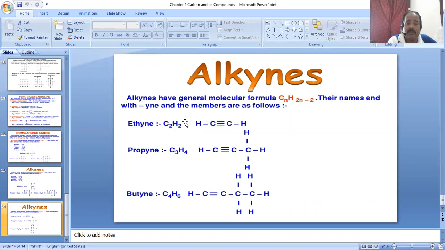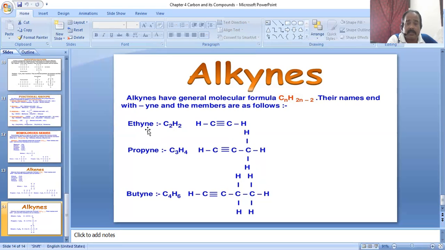The members follow like C2H2, where carbon and carbon are joined by a triple bond, and H here. So it's called ethyne, then propyne, butyne, pentyne, hexyne, heptyne, octyne, nonyne, and decyne. So these are the examples of alkane, alkene, and alkynes.